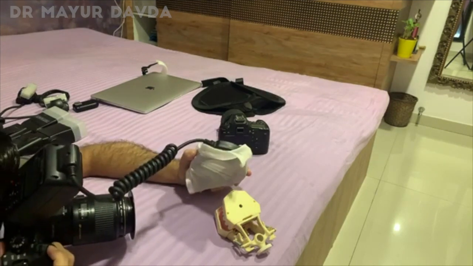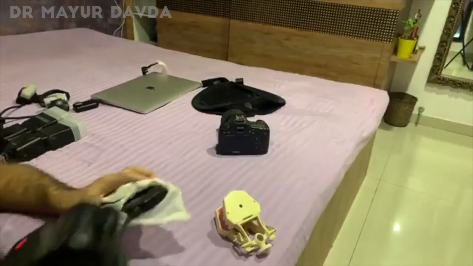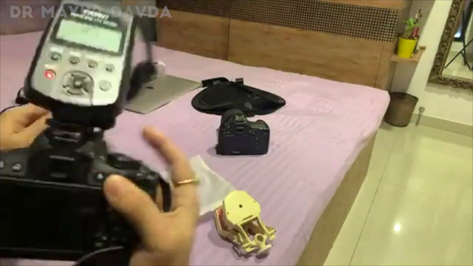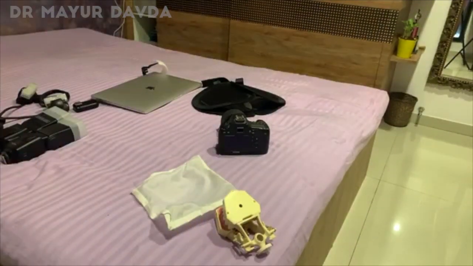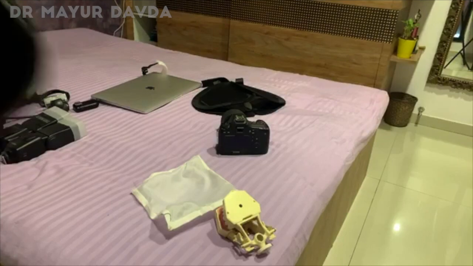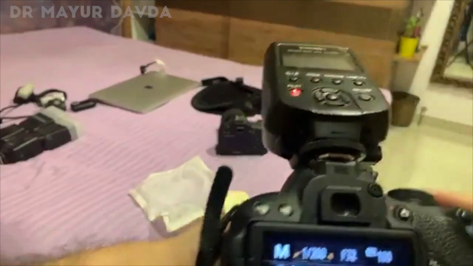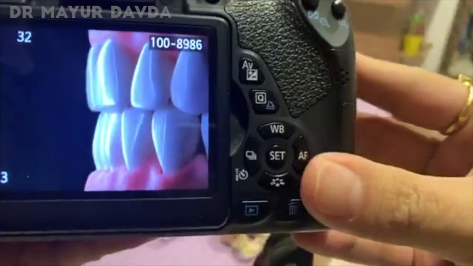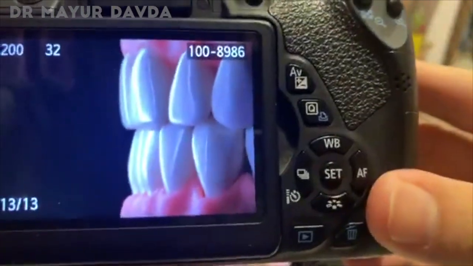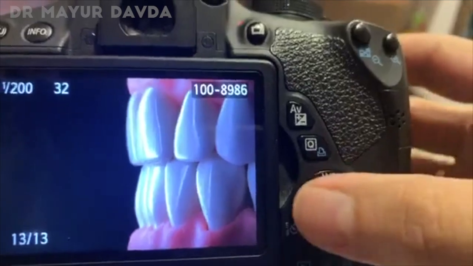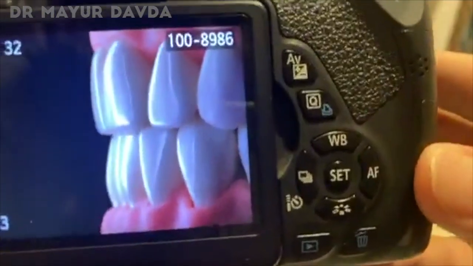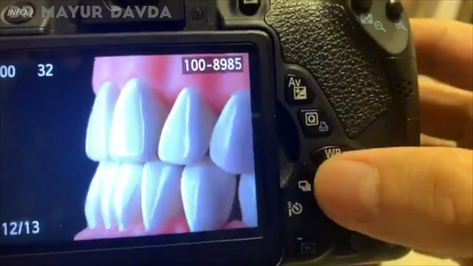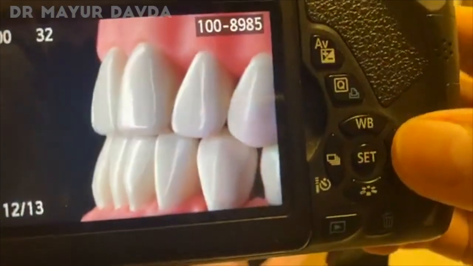Yeah, I did manage to take a shot. Now let me show you the difference. Let me do the playback. So this is the one with the ring flash with the white cloth, and this is the one without the white cloth.